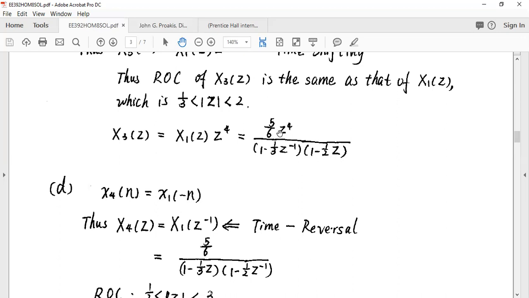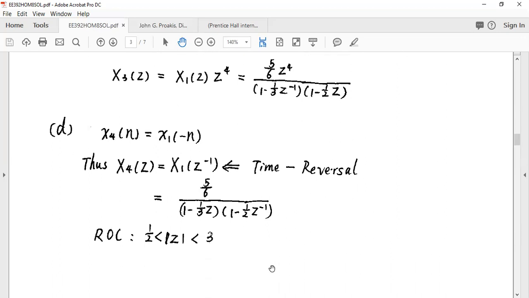So in this term, in place of z, we substitute z to the power of -1, and we end up with 5.6 upon 1 minus 1/3 z times 1 minus half z to the power of -1.